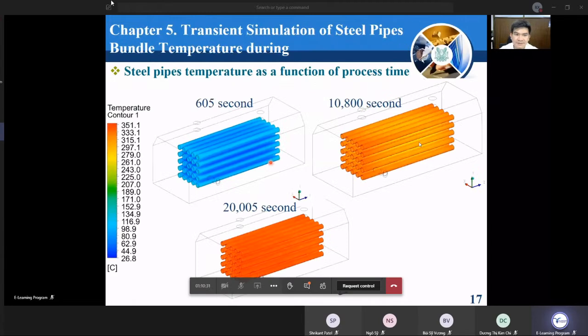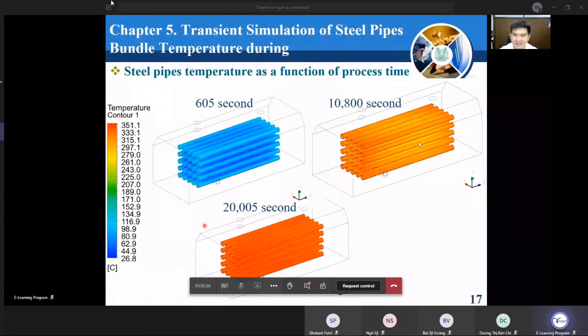And this figure shows much more clearly the steel temperature from the beginning to the end. For example, at around 10 minutes, 605 seconds, we can see the steel pipe temperature has not changed so much from the beginning.